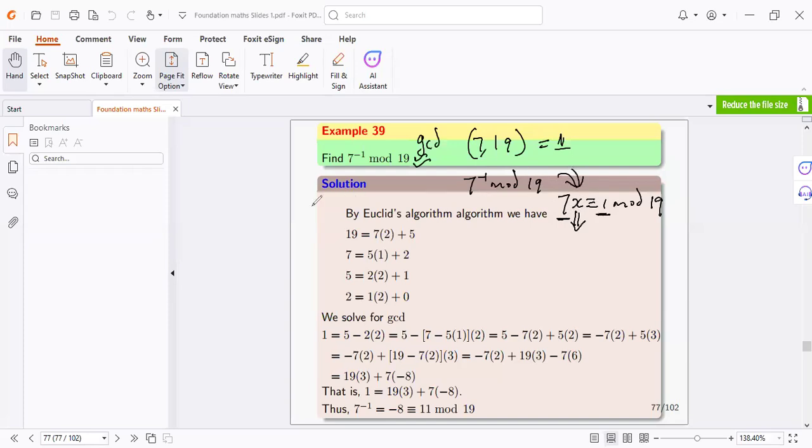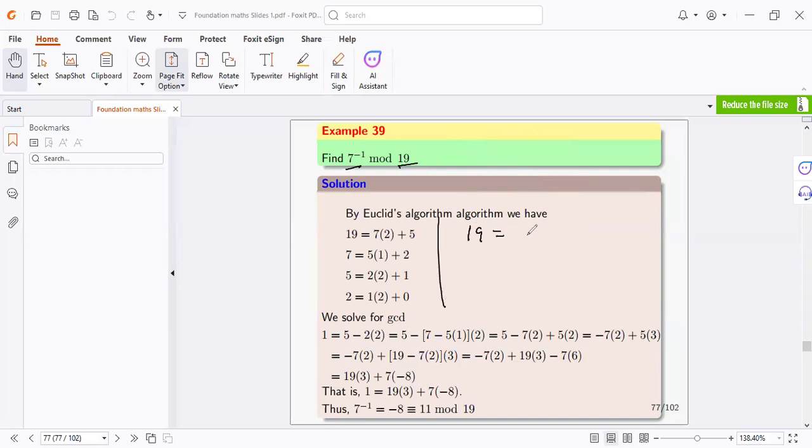So we now want to solve using the extended Euclid algorithm. We begin by first ascertaining that the GCD of 19 and 7 is 1, as we did earlier. How many times does 7 go into 19? It goes there twice, and the remainder is 5.